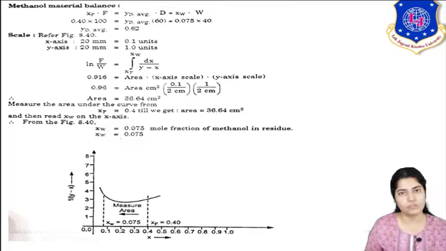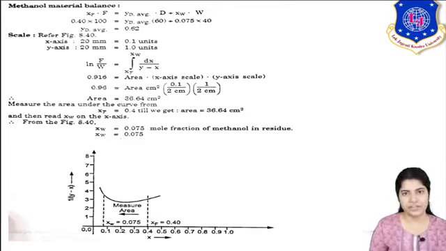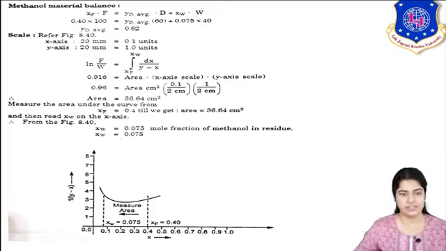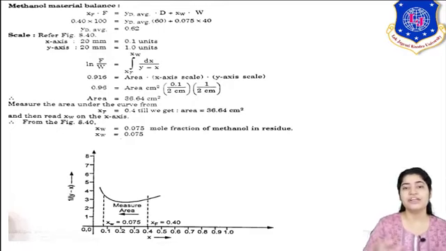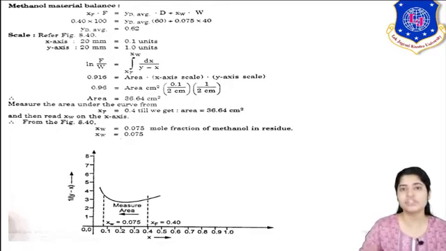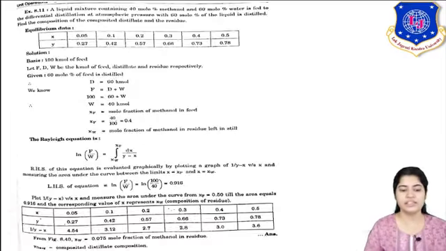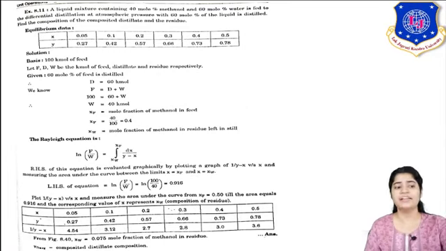Here your more volatile component is methanol. So now the component balance is: methanol in feed is equal to methanol in distillate plus methanol in residue. Feed composition of methanol is 0.4. So 0.4 into 100 is equal to YD average into 60 plus 0.075 into 40. In the question, find the composition of distillate and residue.